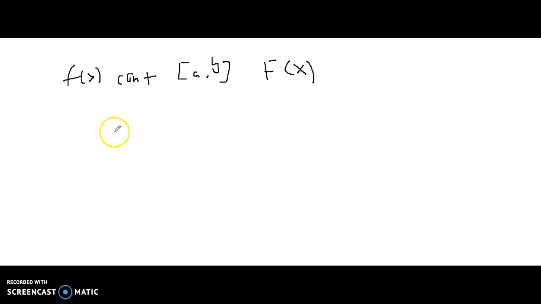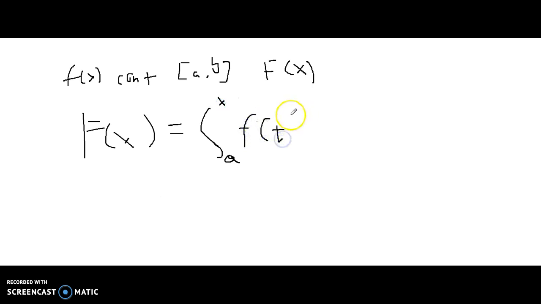Then essentially what we're going to be saying is that big F of x equals the integral from, actually, not 0, simply any value a, to a variable x, of the function of, let's say, f of t dt.